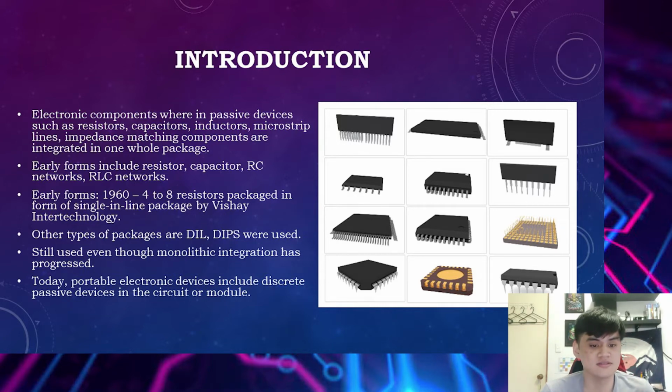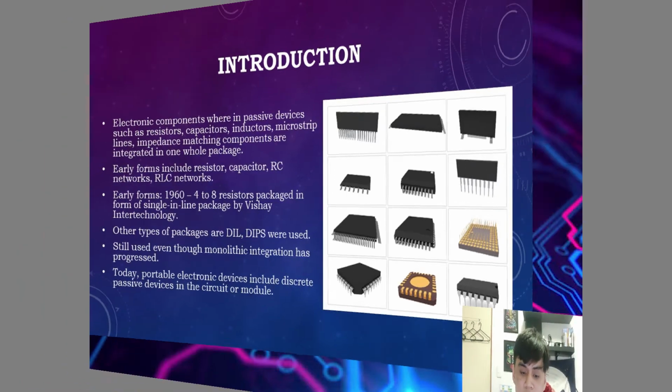During 1960, four to eight resistors were packaged in the form of a single inline package by Vishay Intertechnology. Other types of packages, DIL and DIPs, were also used. They are still used even though monolithic integration has progressed. Today, portable electronic devices include discrete passive devices in a circuit or module.